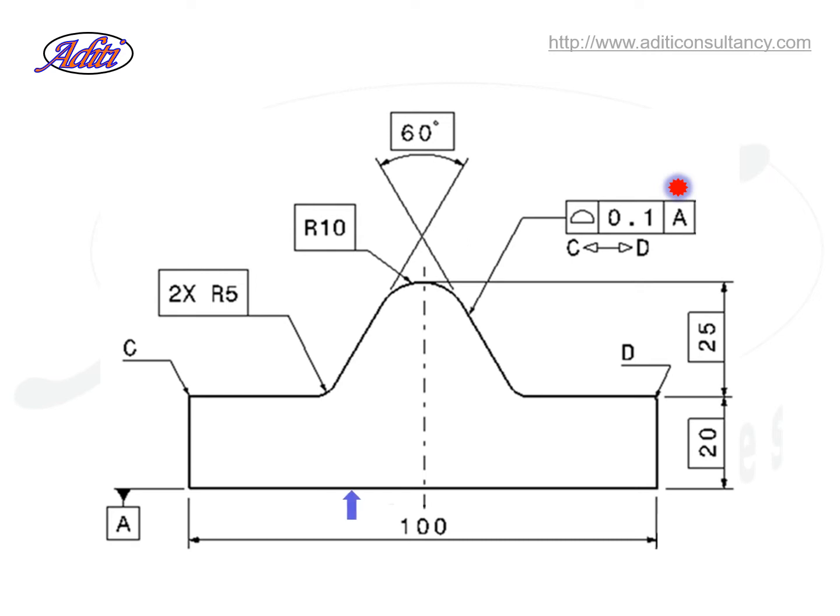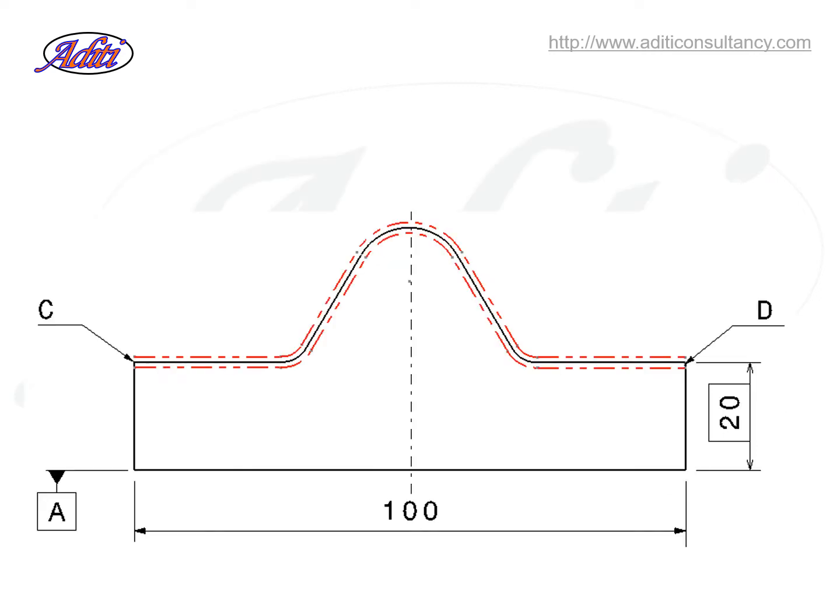the bottom surface of this part is also functional, meaning this part in assembly is mounted using the datum surface A. Now the profile of surface 0.1 mm specified in the feature control frame will not only control the irregularities of the top surface between the two points C and D, but it will also locate the top surface with respect to datum A. Unlike the previous case where the profile of surface tolerance zone was floating in nature, in this case it is a fixed one.